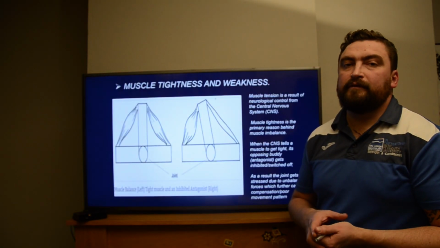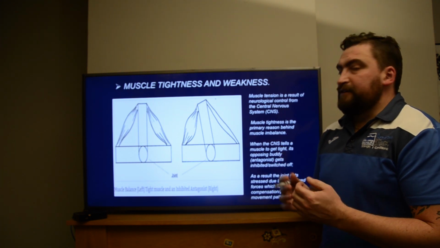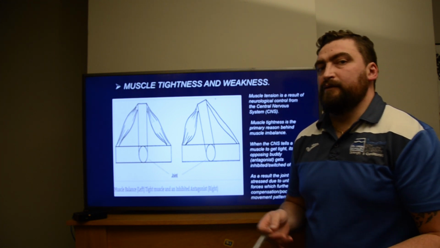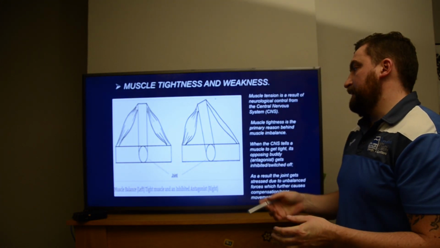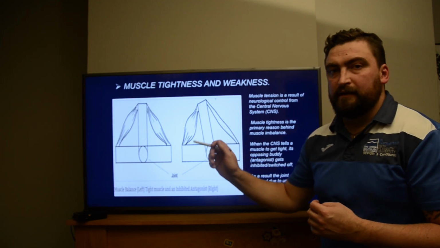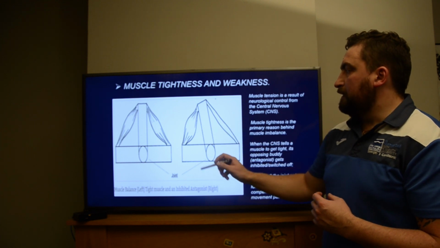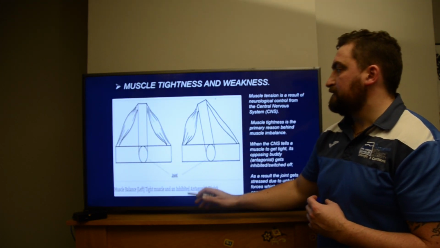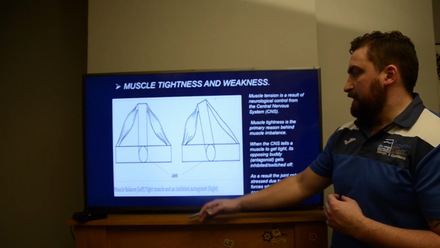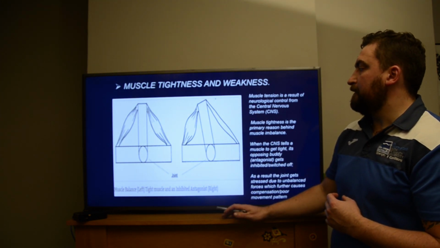Muscle tightness is a primary reason for muscle imbalances. So the central nervous system causes muscles to contract, and it's also sending muscles signals, and one of these signals could be to get tight. On this slide I have two examples where you have two joints and agonist and antagonist muscles, and on the left hand side is a well balanced muscles and joint example, and on the right you have unbalanced muscles.